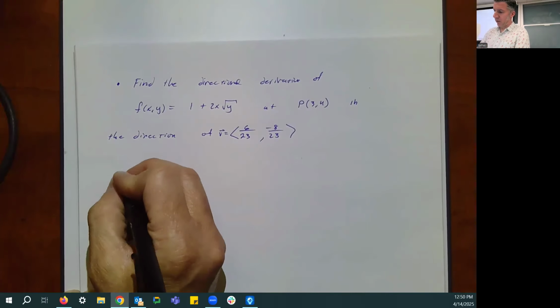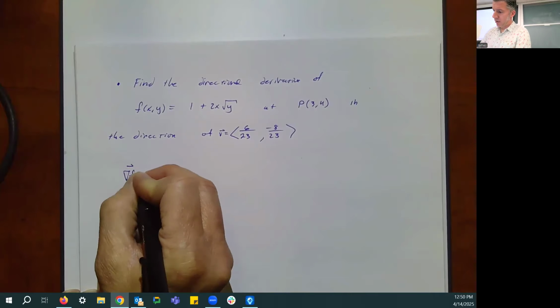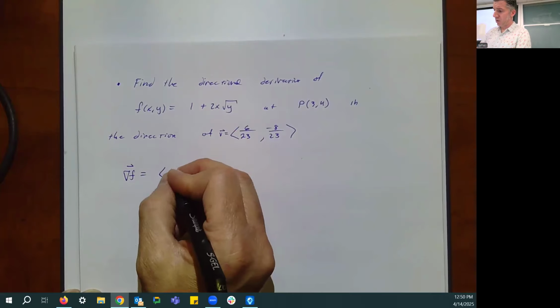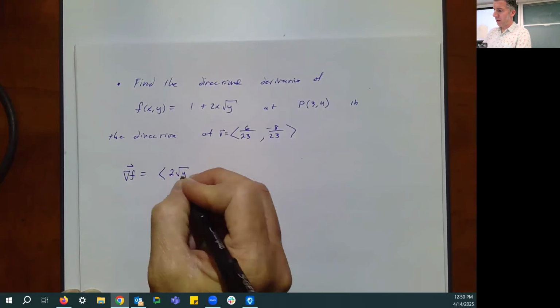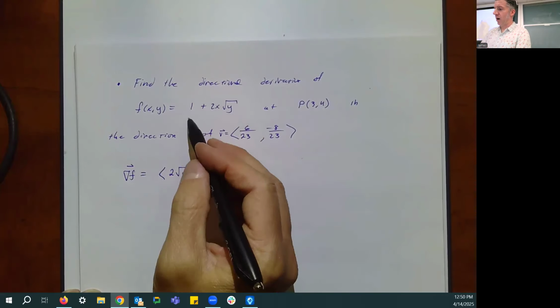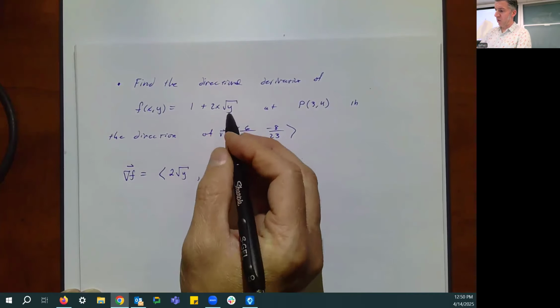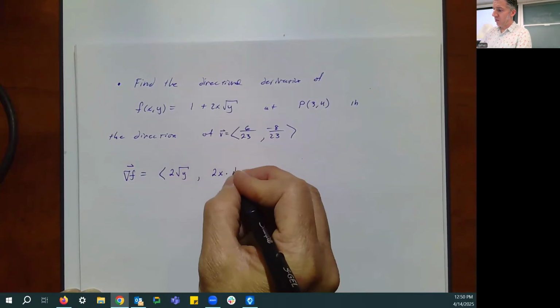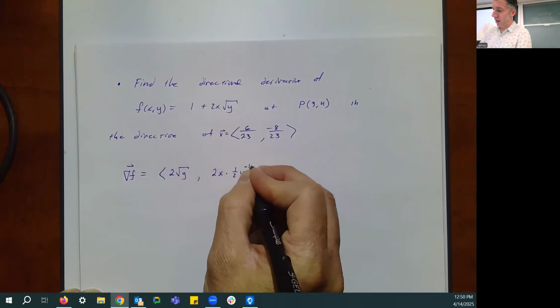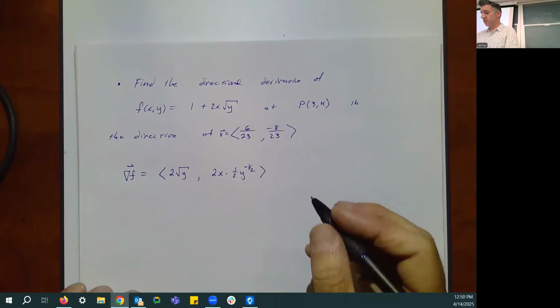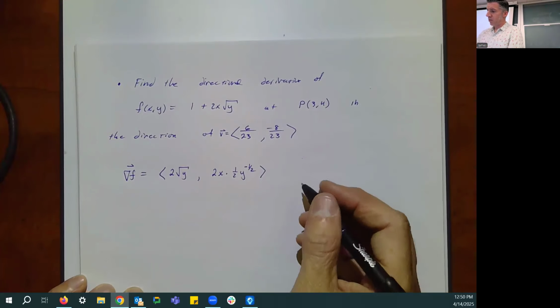First we're going to find the gradient of f. The partial with respect to x is going to be 2 times the square root of y. And the partial with respect to y is going to be 2 times x times the derivative of y to the 1/2, which is 1/2 times y to the negative 1/2. Then we plug in our point, (3, 4).